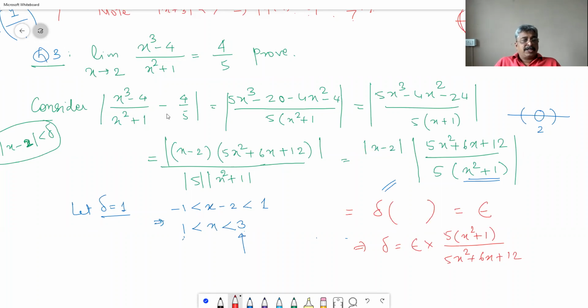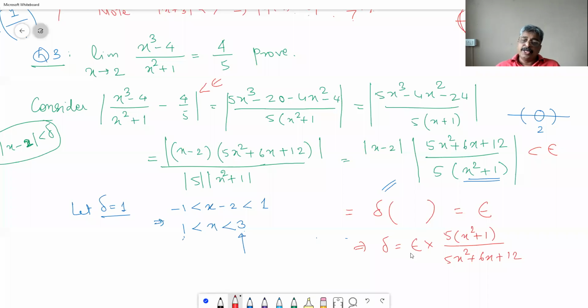We want to consider this quantity to be less than epsilon. We want to show that whatever we have considered should be less than epsilon eventually. So we simplify, and here we want to show that this quantity is less than epsilon, and out of which this quantity is delta. So delta into this quantity should be less than epsilon.